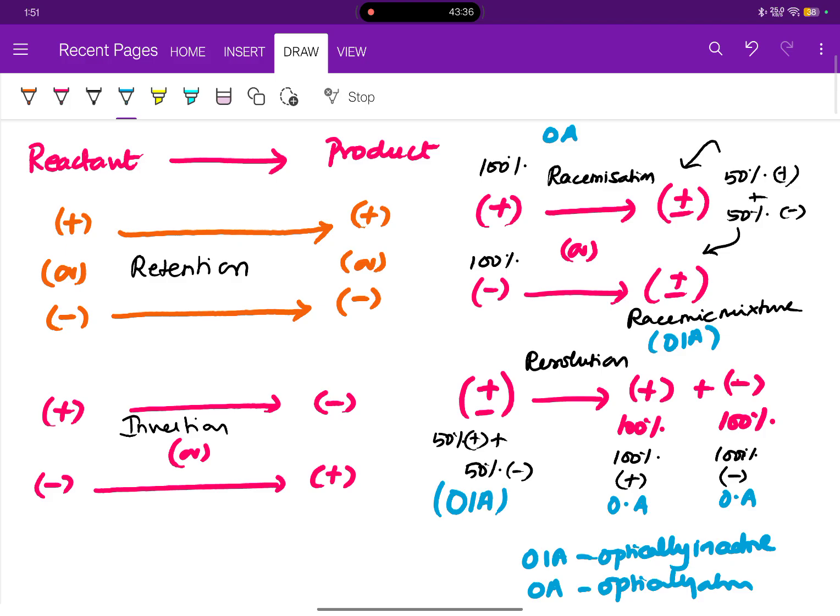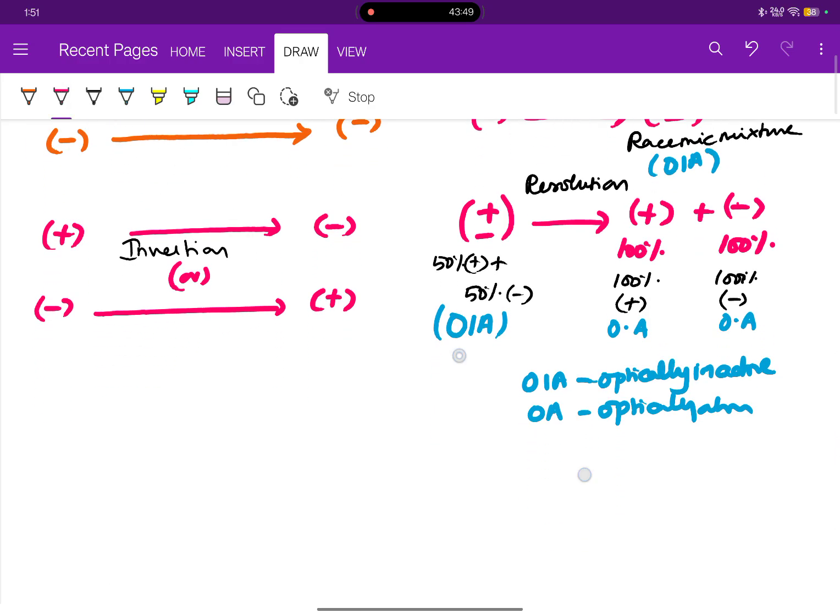The other 50% will rotate the light towards the left hand side. So overall rotation is 0. So this optical inactivity has come as a result of external compensation. Because I added it externally, I am able to separate it. If it were internal, I cannot do this, isn't it? Yes, sir. Okay. So in external compensation cases like racemization, you can separate that back.